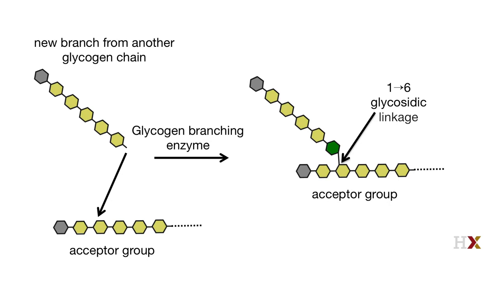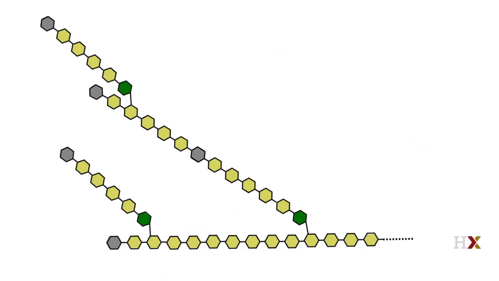Then the glycogen synthase can catalyze the elongation of the newly formed branch, as well as elongate the branch that was cleaved off during the first step of the reaction. The continuous pruning of chains to create new branches and the elongation of these new branches create a very complex structure.